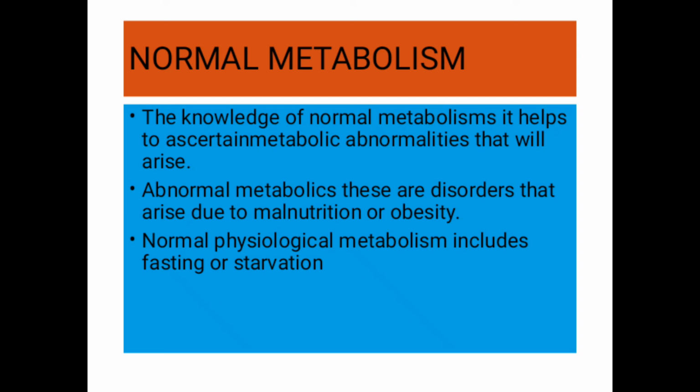And a person can become obese where this person has been feasting too much, eating too much, with abnormal appetite. So these are what we call abnormal metabolics. Then the normal physiological metabolism includes when someone is fasting or on starvation. That's just normal.